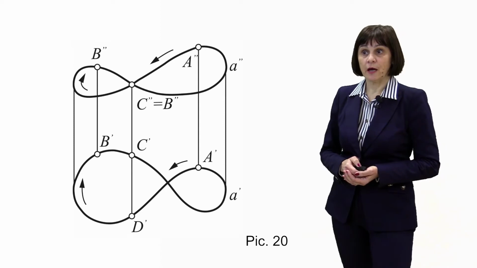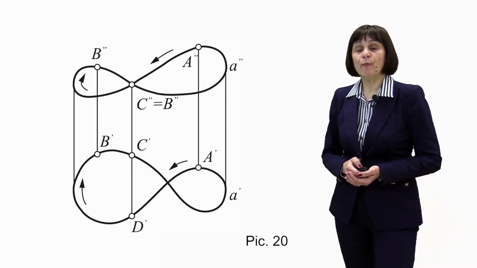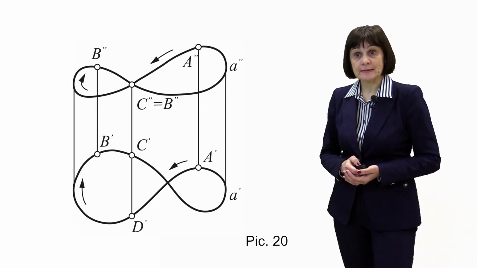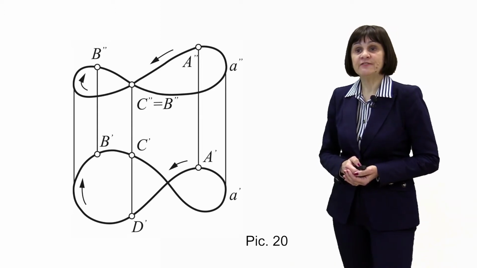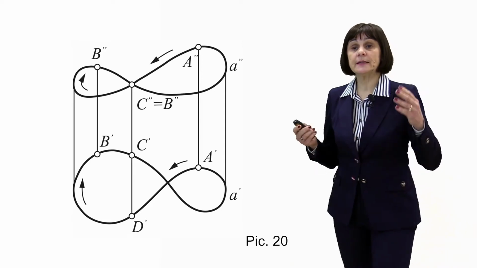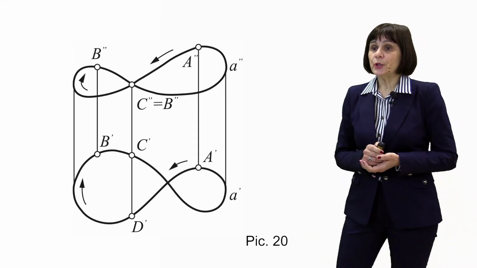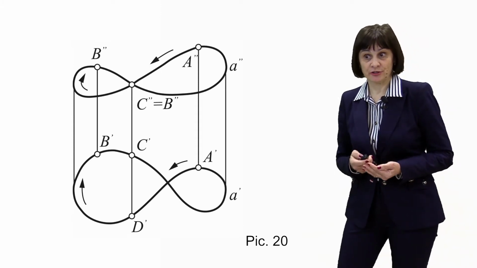A curved line is defined by the positions of points of which this curve consists. The points of the curve are defined by their coordinates in space. On this drawing, the curve is defined by its own projections.